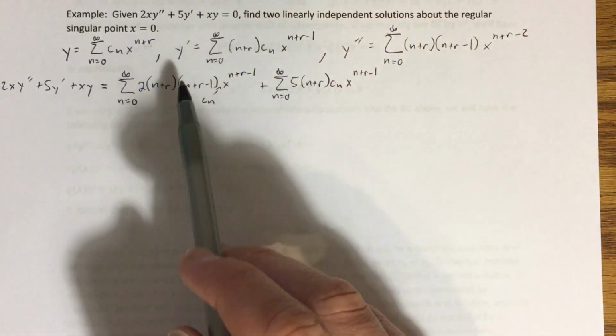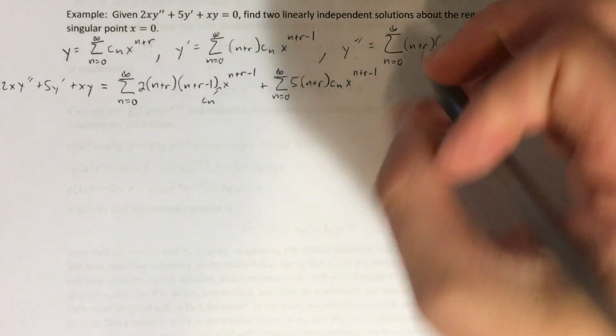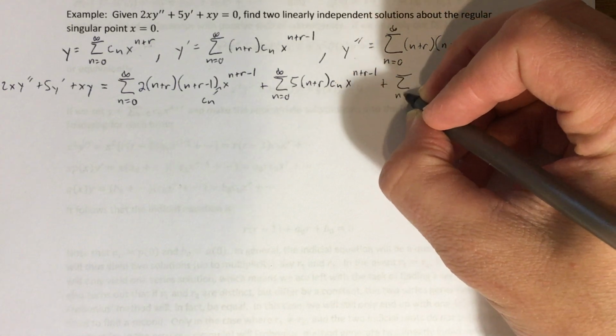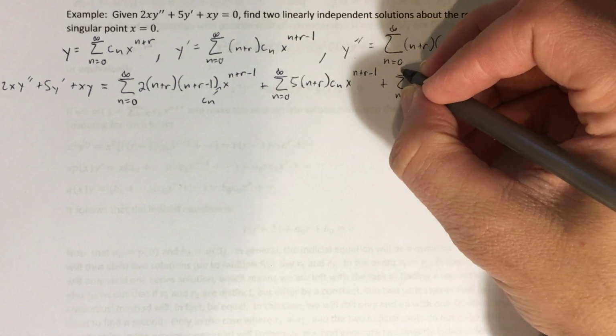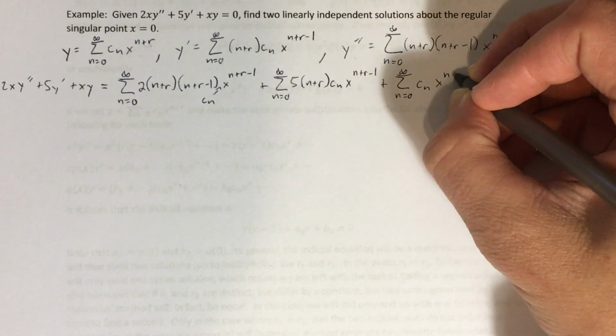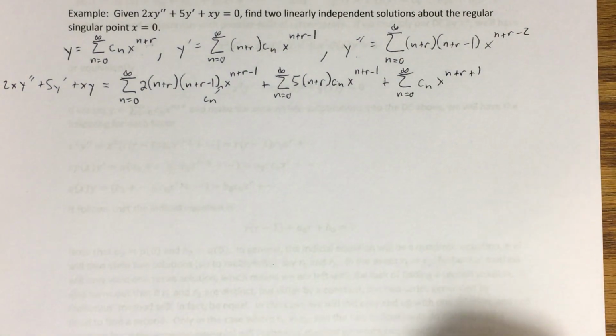And then finally I have plus xy, so I need to multiply y here by an x. This becomes plus the sum from n equals 0 to infinity of Cn x to the n plus r plus 1, now that I've multiplied another x into that.